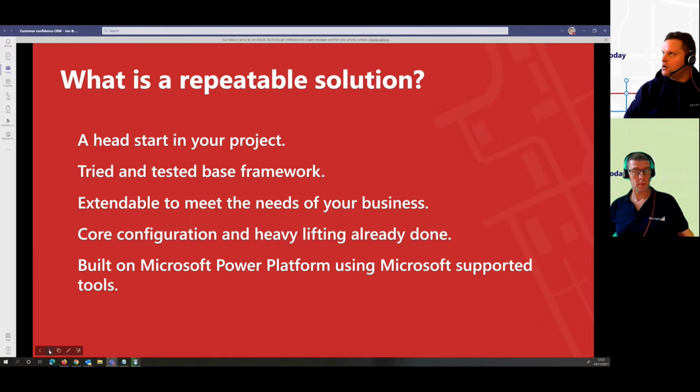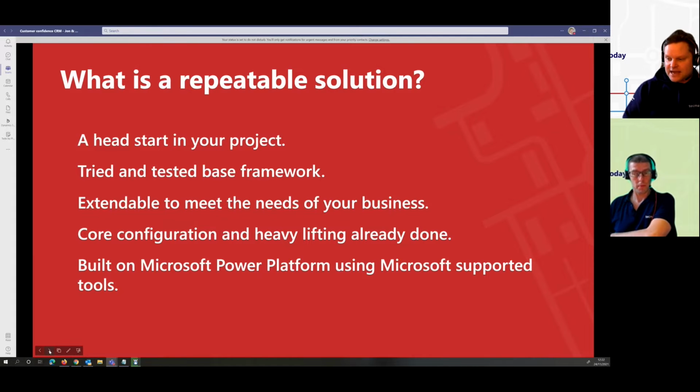Everything that we're showing you is configurable. Everything might not exactly suit what you are trying to achieve, but if the basis is there, we can tweak it and add to it and build on it to make it more in line with what your business requires. TechMan have already done the core configuration and the heavy lifting.